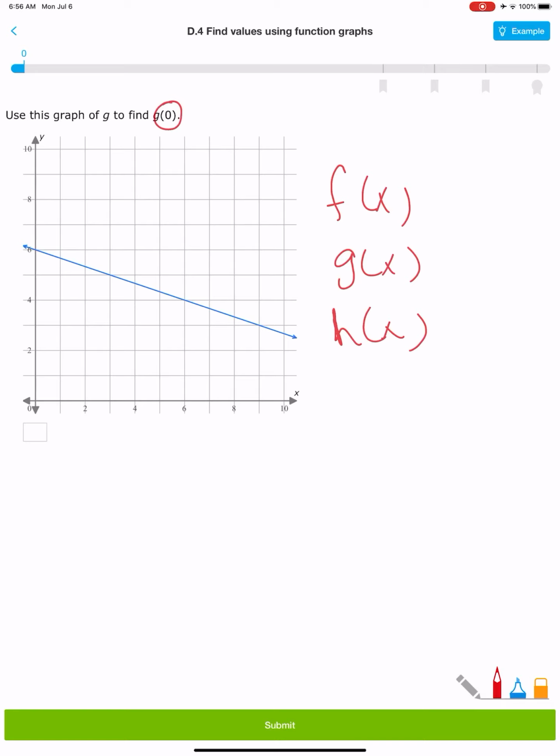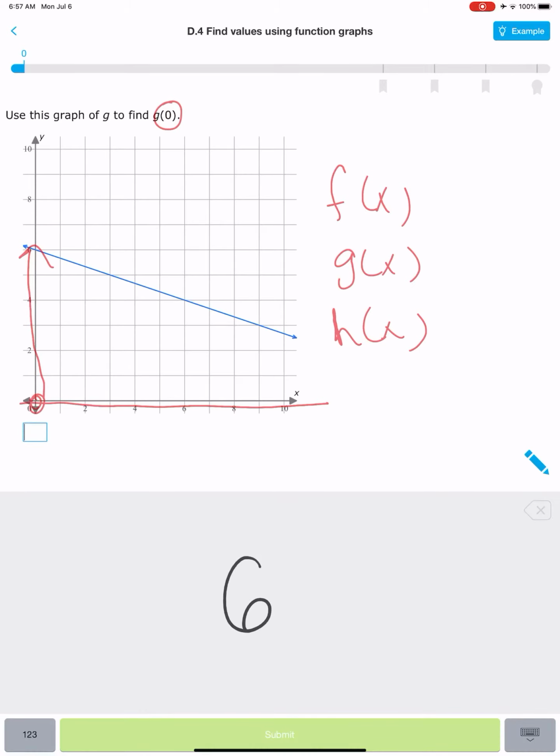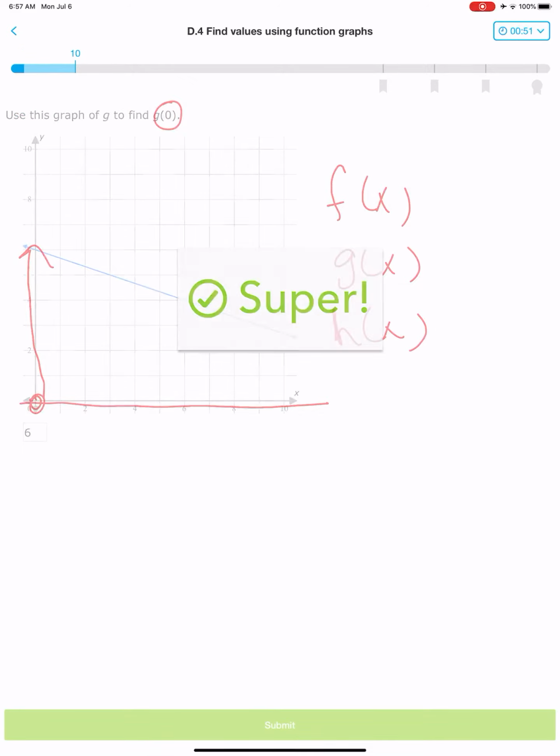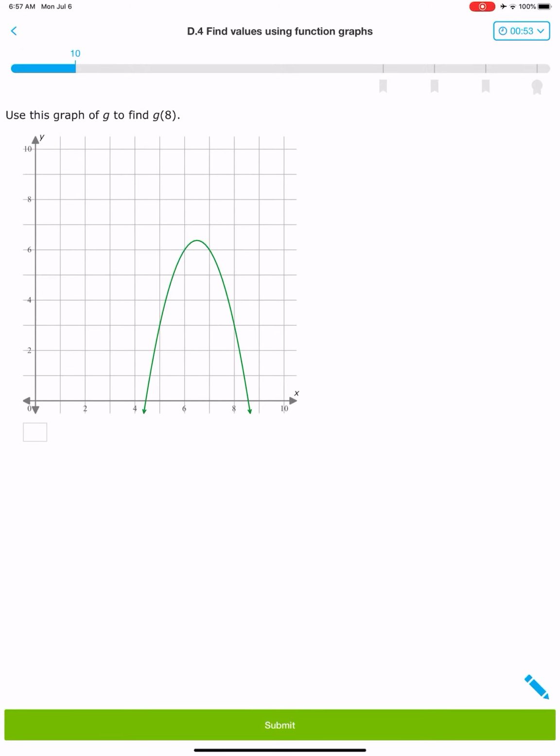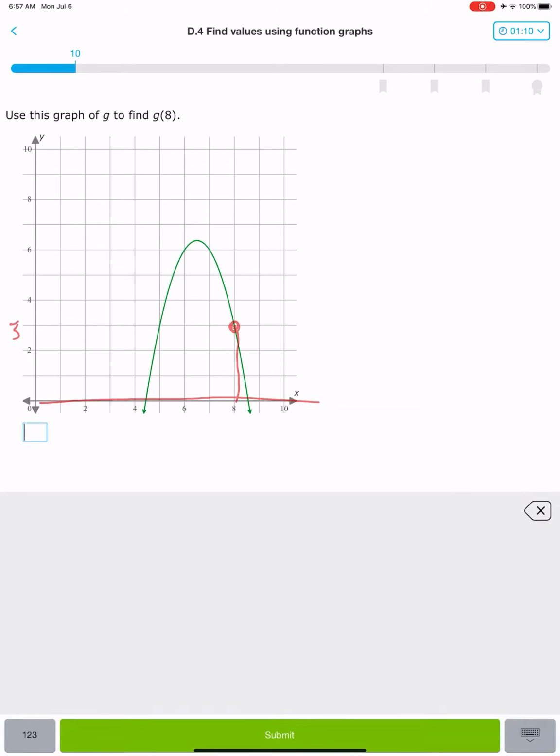So if our x is 0, here's our x at 0, this is our x-axis, and 0 is right here, then our y is at the number 6. Same kind of thing over here. We have our x-axis. If x is 8, then our y is, so this is 2, so this must be 3. So our answer is 3.